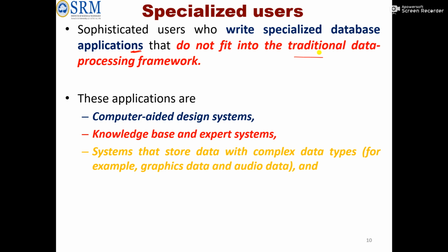We can say BLOBs and CLOBs, binary large objects and character large objects, and environment modeling systems. As I said, weather forecasting. These are all the various applications designed by specialized users. They are all called sophisticated users.